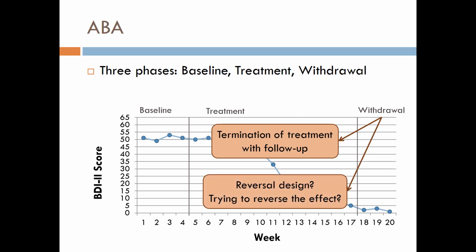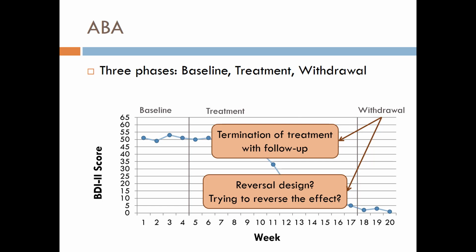But as your book says, there's something called a reversal design, where in this withdrawal period, when the treatment is withdrawn, it's like seeing if the client reverts back to their previous state of whatever, in this case depression, after treatment has stopped.